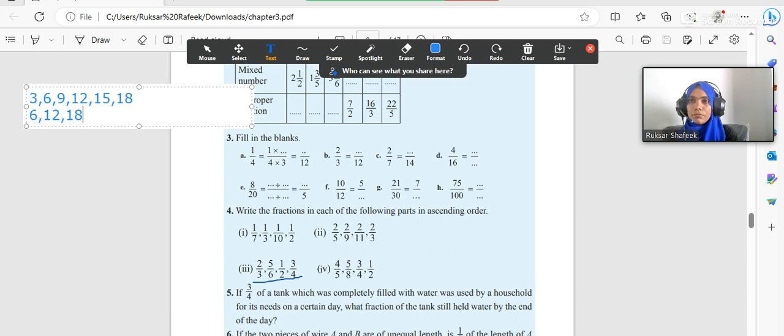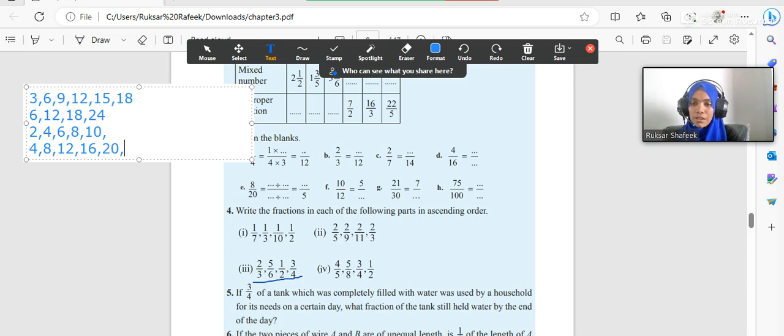And when it comes to 2, you can write 2, 4, 6, 8, 10, and it goes on. And then for 4, you have 4, 8, 12, 16, 20, and 24, and it goes on as well.